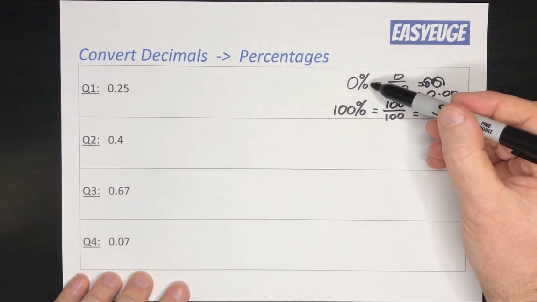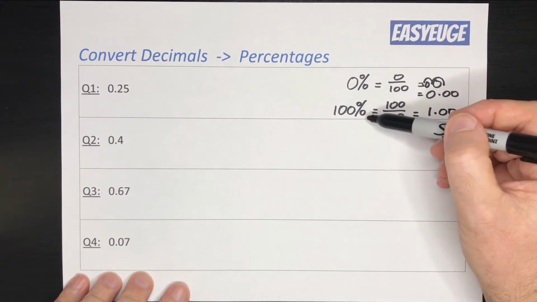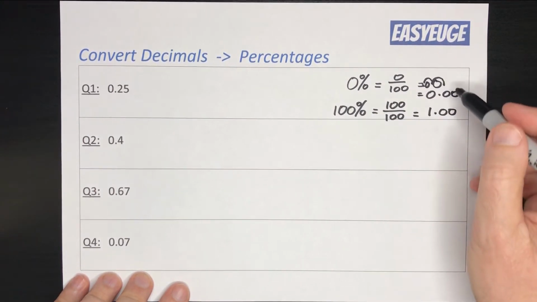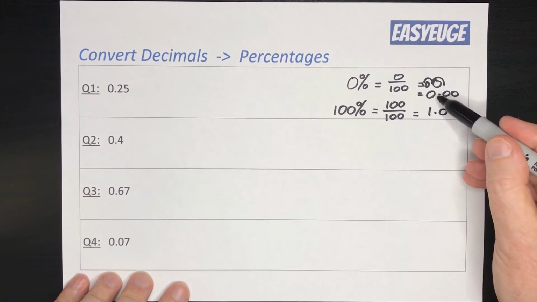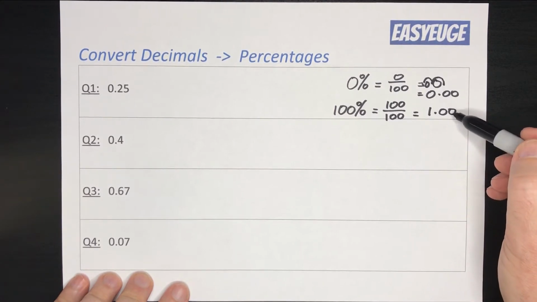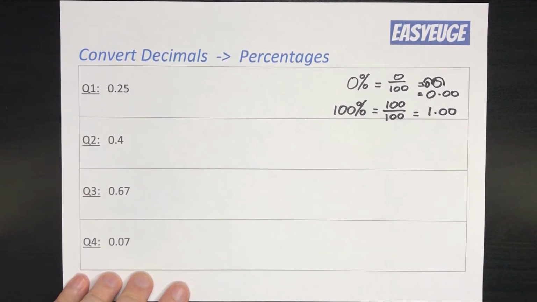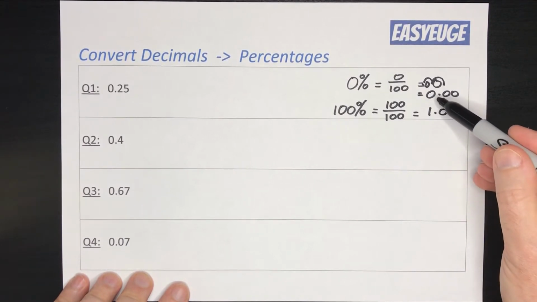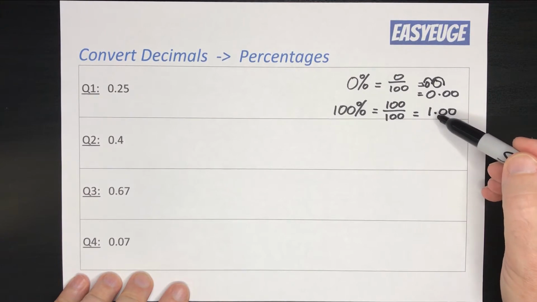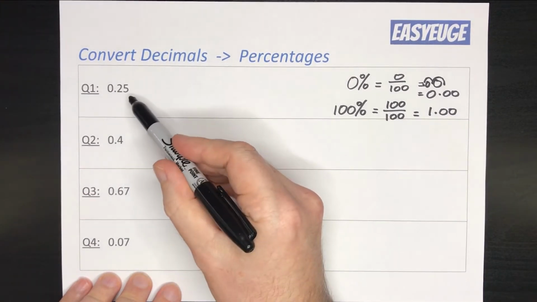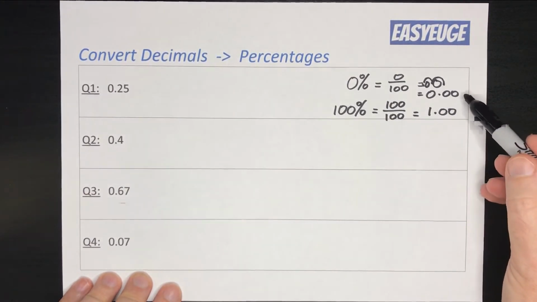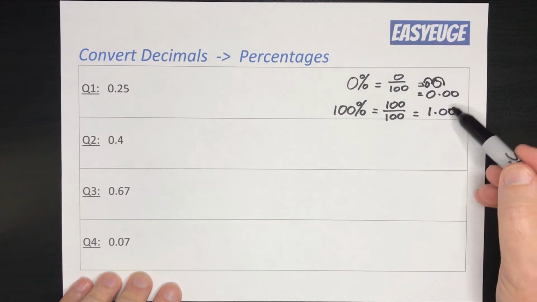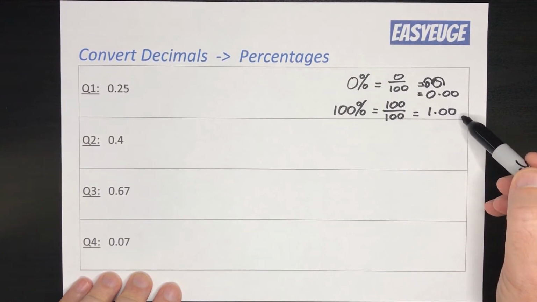So any number between 0% and 100% turns into a decimal that's between 0 and 1. That means all the percentages in between 0 and 100 are somewhere between 0 and 1. So 0.25 is definitely somewhere between 0.00 and 1.00.